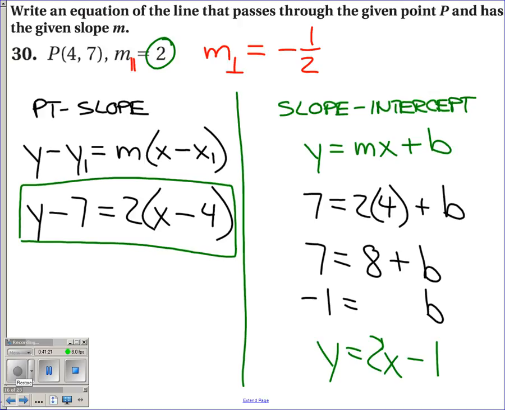If we were going perpendicular through that point to the line that was there, in point slope form, the only thing that we would have to change, again, this is for perpendicular, this is not one of the directions for this set of problems, is to take this -1/2 in point slope form and substitute it in here, and that would be a perpendicular equation of the line through that point. So that's another reason why I like the point slope form. There's less work involved.